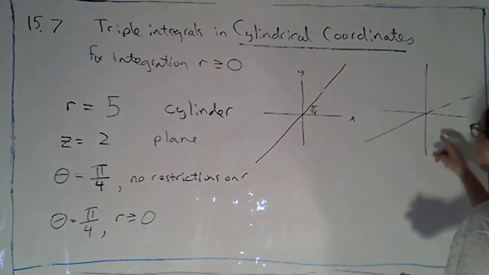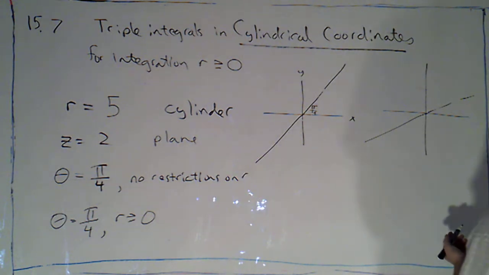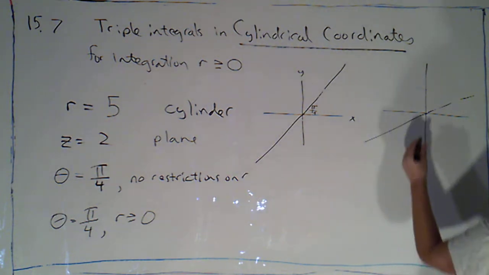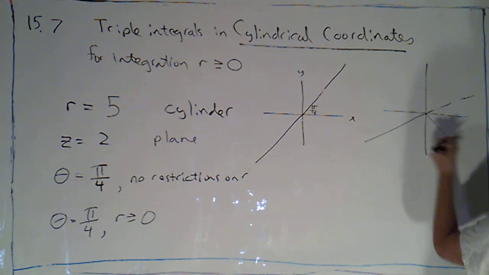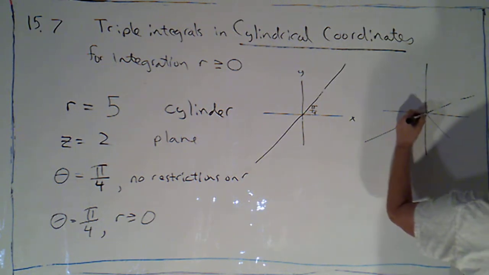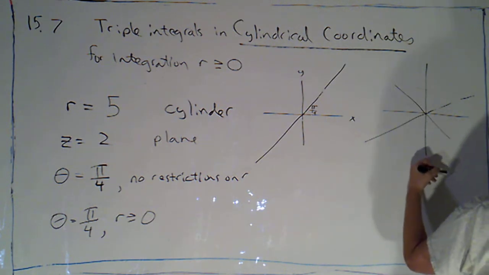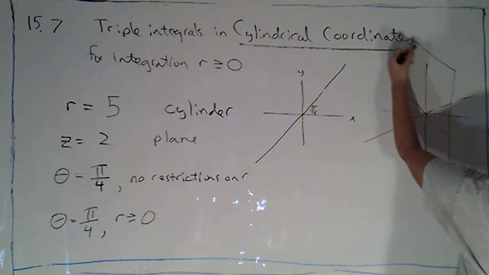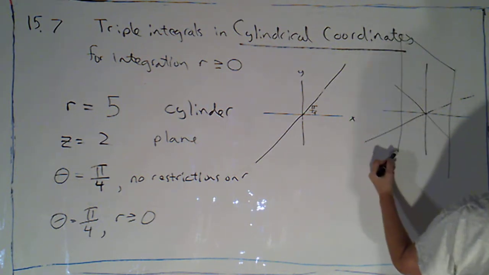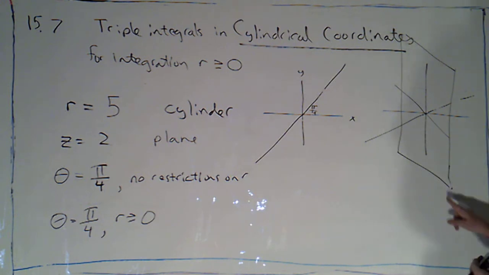Okay. So if I go to graph that in 3 space, pi over 4 in the xy plane would look something like that. And then I'm just doing the vertical extrusion of that. So I would be getting a plane.